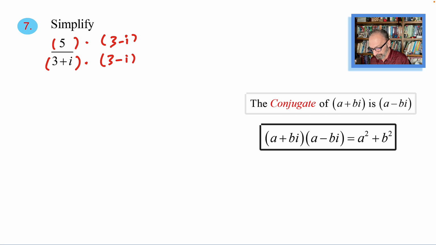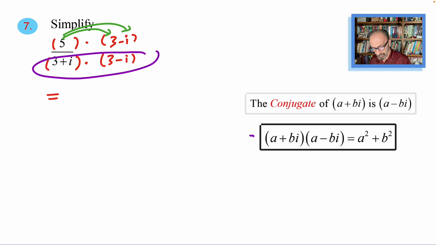That will give me, here we'll use the distributive, and down we use the property stated on the right side. So I have 5 times 3 minus 5 times I, using the distributive on top.